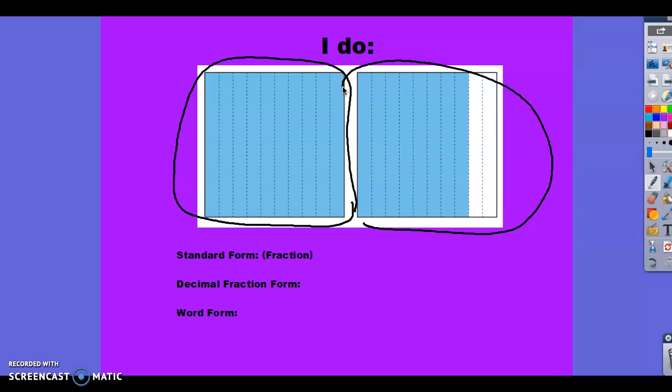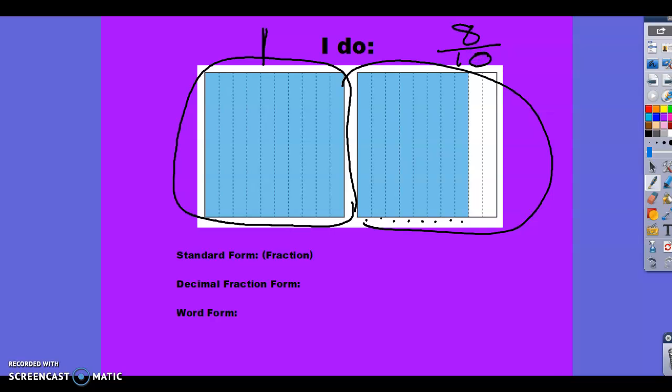So I'm thinking to myself, if I have one whole and then I have a part, I know that one whole looks like this. I've got one whole. And I know that these are my tenths. So I'm going to count my tenths. I have 1, 2, 3, 4, 5, 6, 7, 8 tenths. And I know as a fraction that reads 8 tenths.